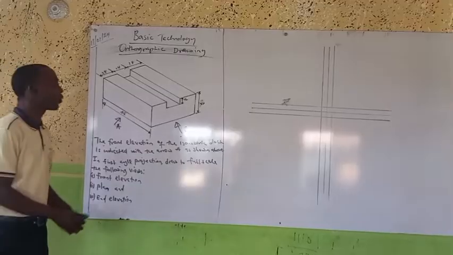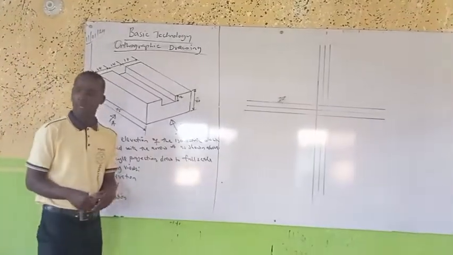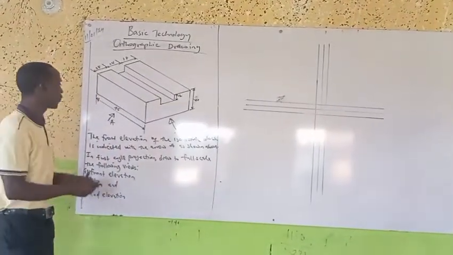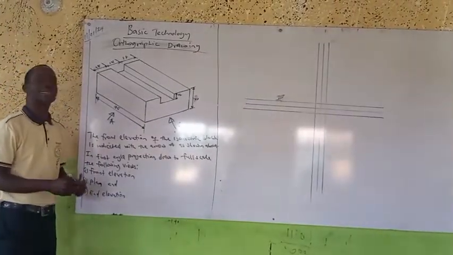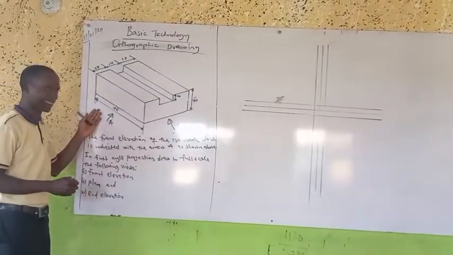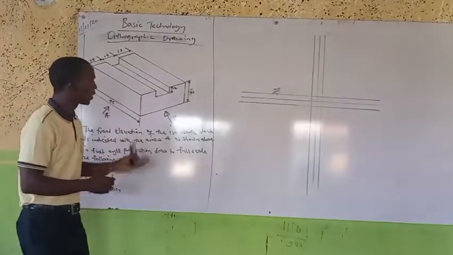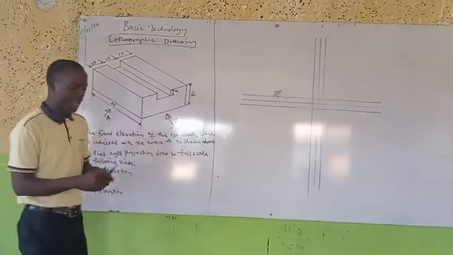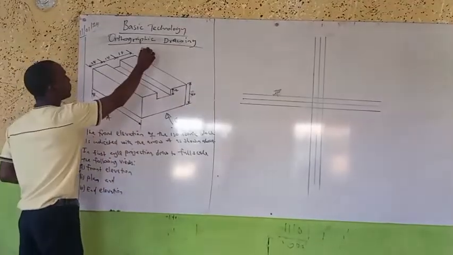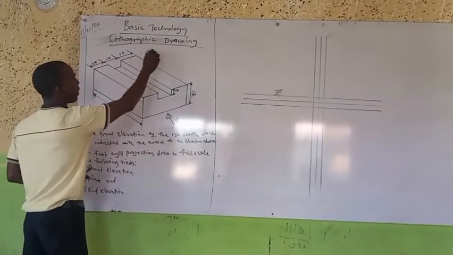Okay, now, we said in the class that when you want to view an object, they have already shown you the front elevation, which is this view. Now the side elevation is this view. The plan view is usually the view from the top.